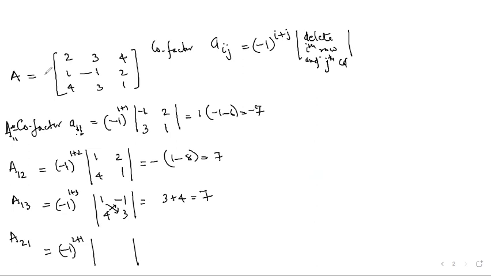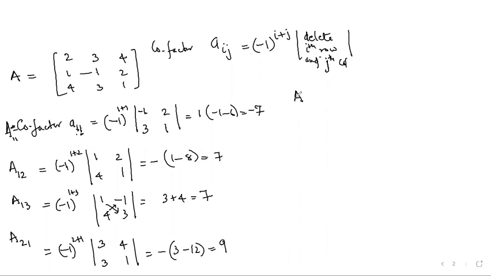Delete the row and column, the second row and first column. 3, 4, 3, 1. Minus 3 minus 12. So your answer became 9, no? 9.